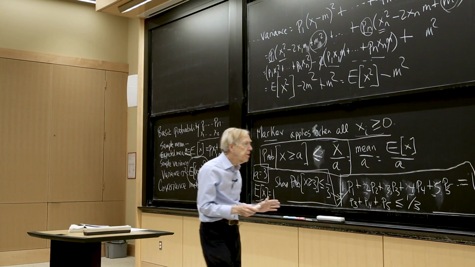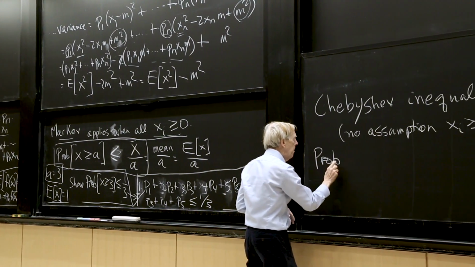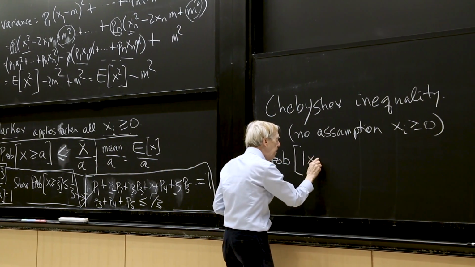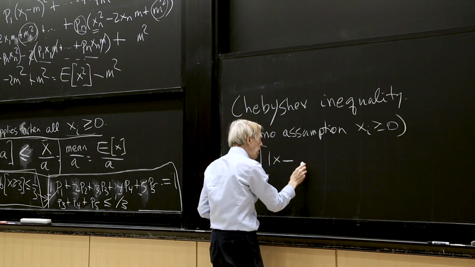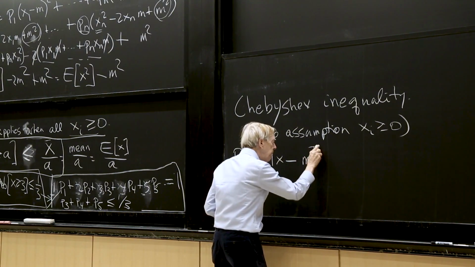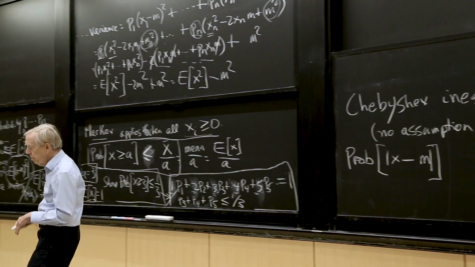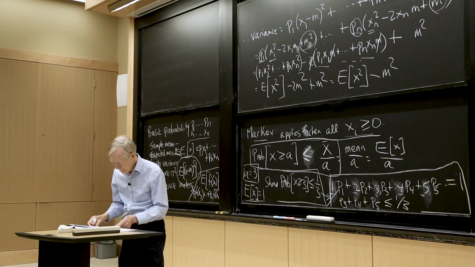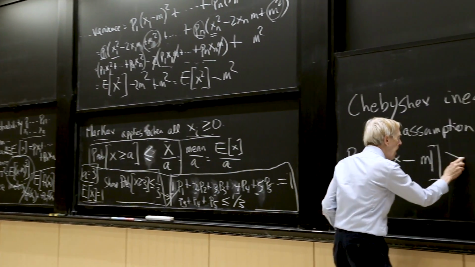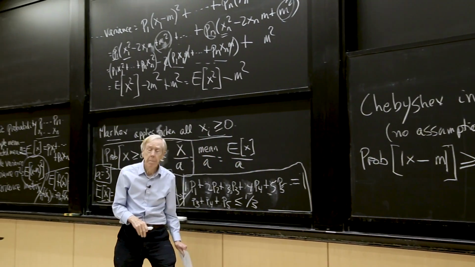So Chebyshev is interested in the probability that x minus the mean, m, can I use that for mean, is greater or equal to a, the probability of being a distance a away from the mean.